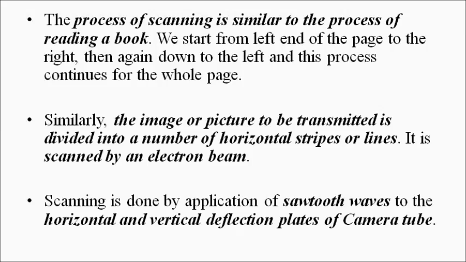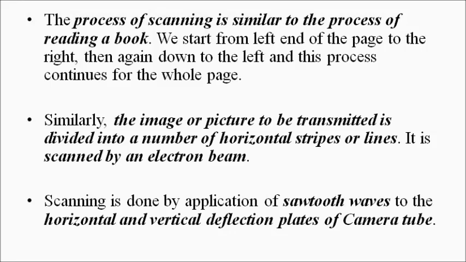Before discussing progressive and interlaced scanning, essentially the process of scanning is just like reading a book. When we read a book or a newspaper or any reading material, we start from the left and read one complete first row from left to right.